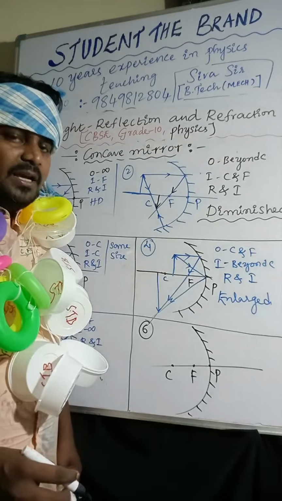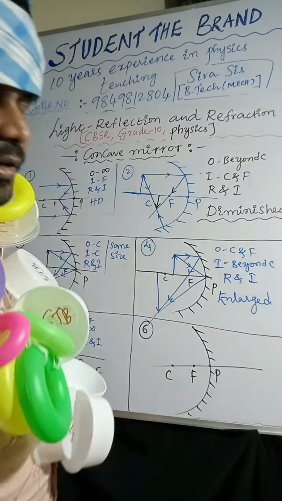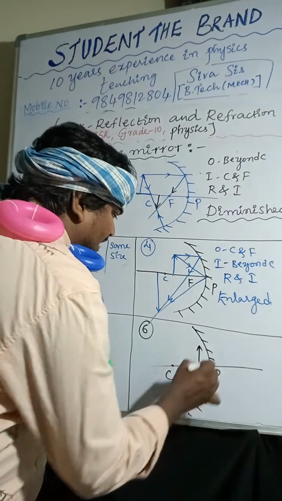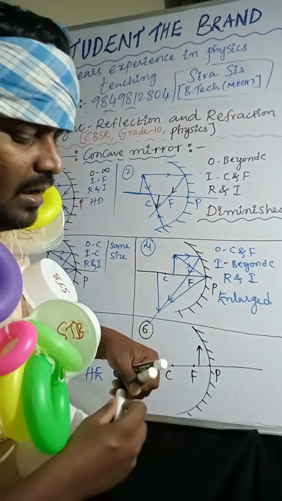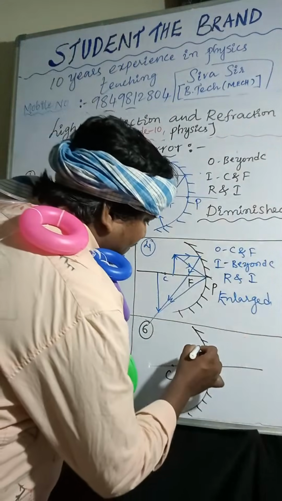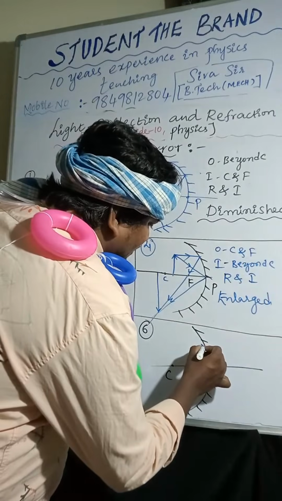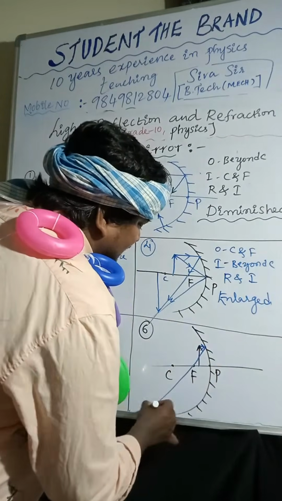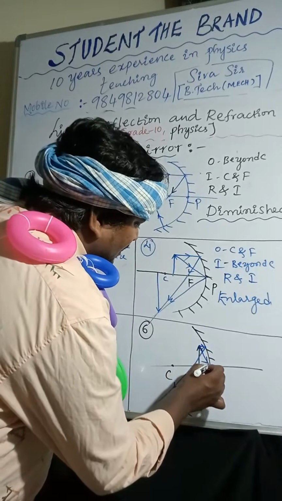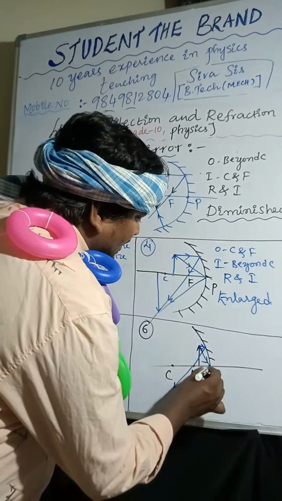Object is placed between F and P. How many light rays are required to form the image of the object? Minimum 2 light rays are required. I am taking 2 light rays.